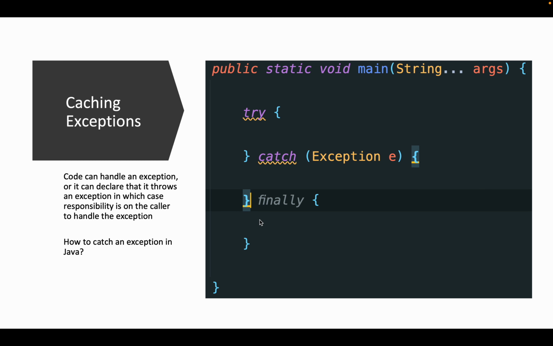And so now, catching exceptions. Code can handle an exception in Java, or if it doesn't want to handle that exception, if that exception is checked, it can declare that it throws that particular exception itself, in which case it is delegating to the caller of that method to handle that exception.